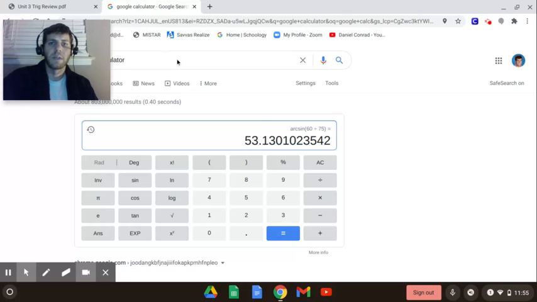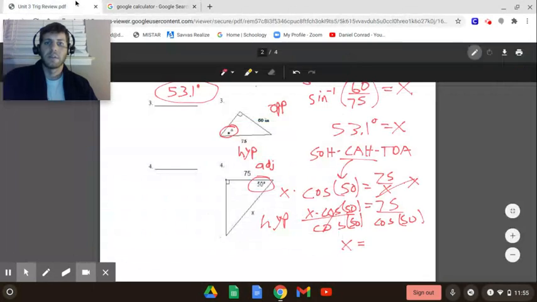So if we go to the calculator here, 75 divided by cosine, make sure you're in degrees. That's going to be 116.7. Right, and we don't have units there, so I'm going to put 116.7 units.